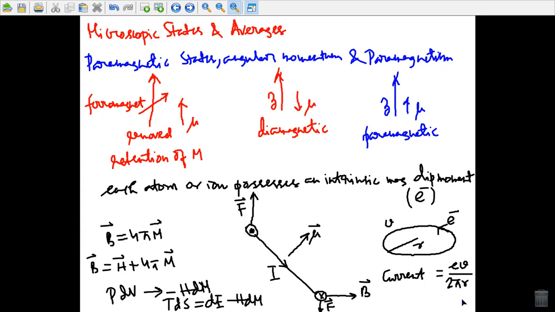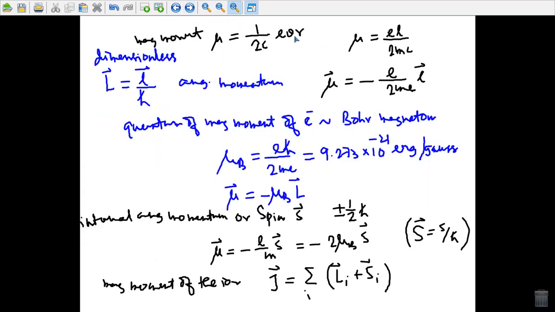The magnetic moment of the loop is mu equals 1 upon 2c times evr, where this equation can be written in the form mu equals el divided by 2mc, or in its vector version mu equals minus e by 2mc times l, where m is the mass of the electron and small l is its angular momentum.